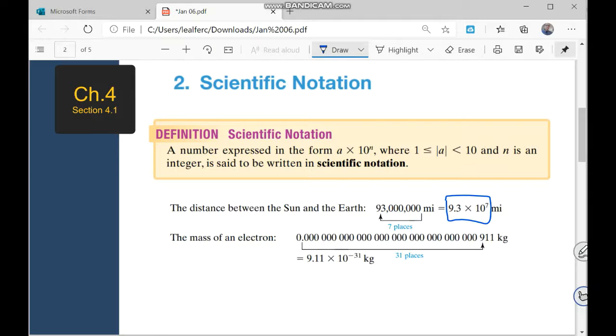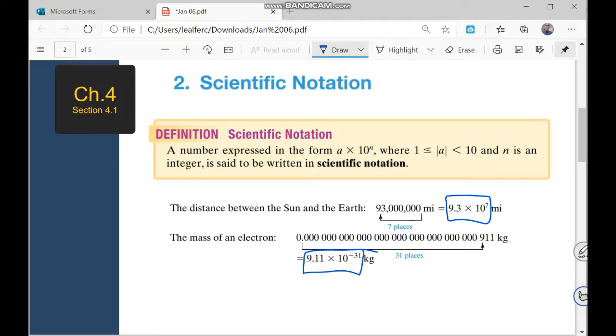When we work with this kind of number, it's easy to miss one zero or to type one more zero and mess up your calculations, okay? And that's another reason we work with scientific notation. Check this out here. The same number in scientific notation is a short one, 9.11 times 10 exponent negative 31.